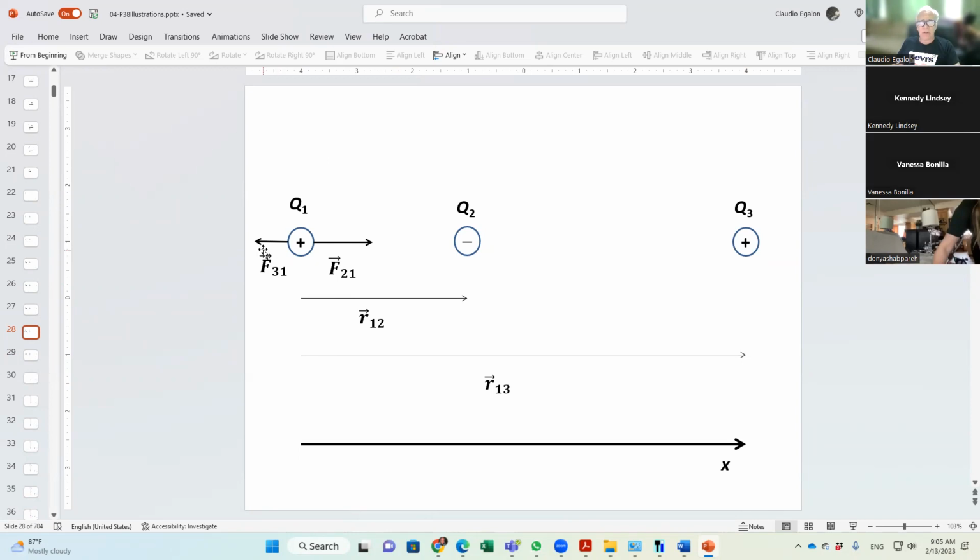The direction of the force is straightforward, right? This force here has to be repulsive because of those two charges. The only question is what's going to be the magnitude. We do not know the magnitude unless we have actual numbers. But let us assume that the magnitude of this force is less than the magnitude of this one.